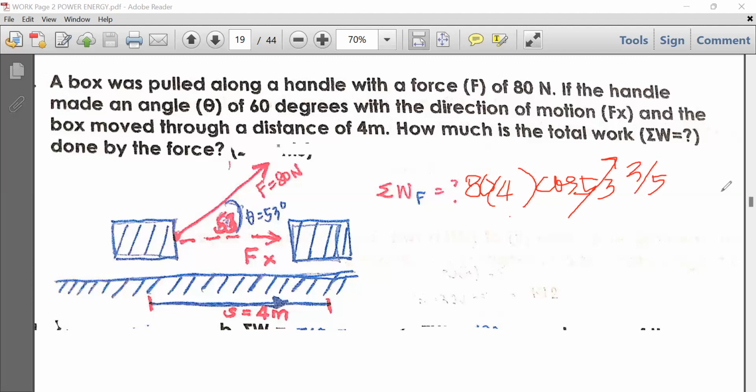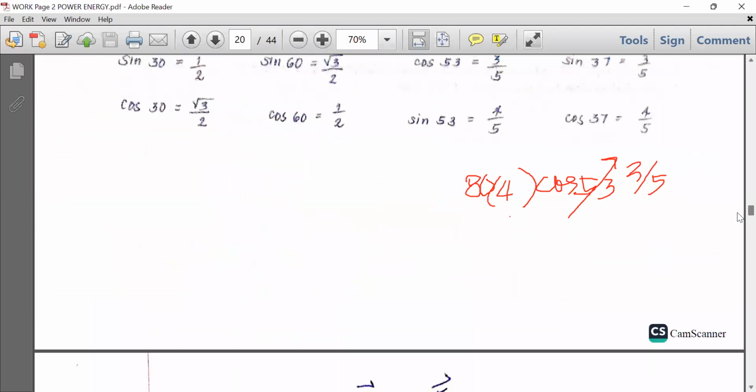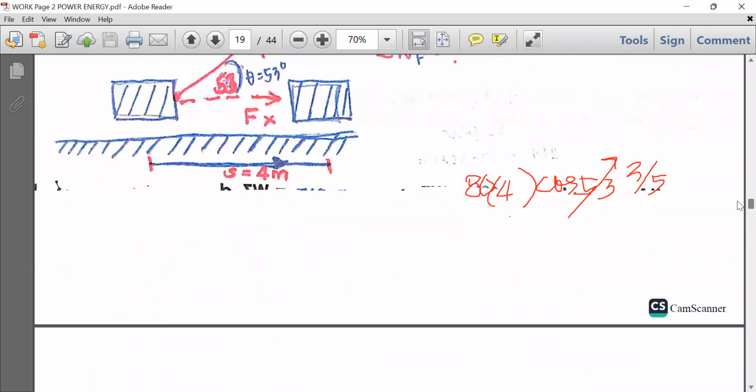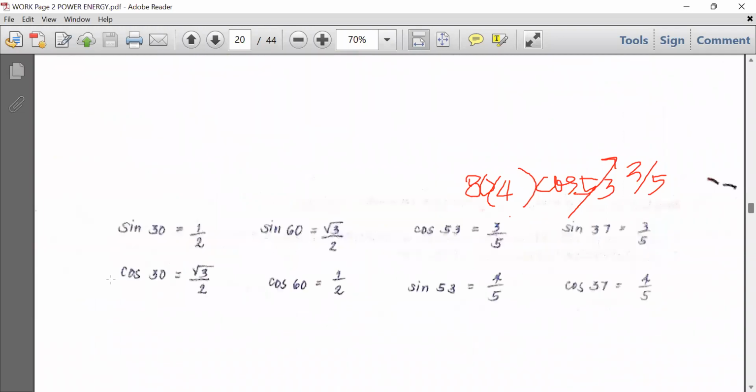Okay, let's check the most commonly used theta or angle. Here we have the most commonly used angles: 30 degrees, 60 degrees, 53 degrees, 37 degrees. So you must remember this. Sine 30 is 1/2. Cosine 30 is square root of 3 over 2. Sine 60 is square root of 3 over 2.